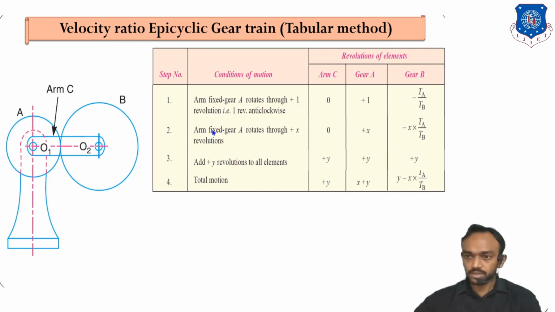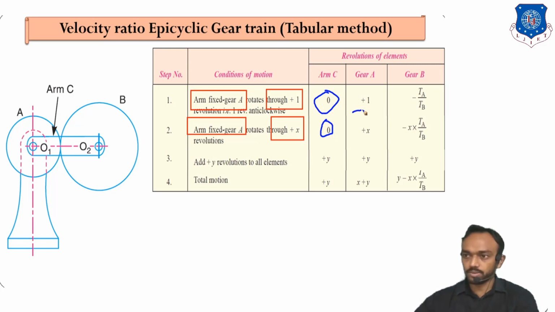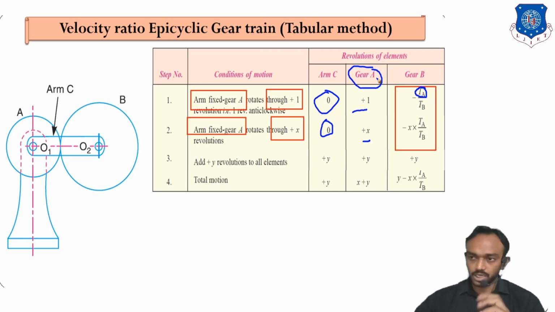Okay, after that start with the first row. Always there will be arm fixed, and first of all give +1 revolution, and after that plus x revolution. So here will be 0 always, and here will be +1 and plus x. What will be the change here? Check this: at the top will always be the teeth of A, meaning whichever gear you have taken.